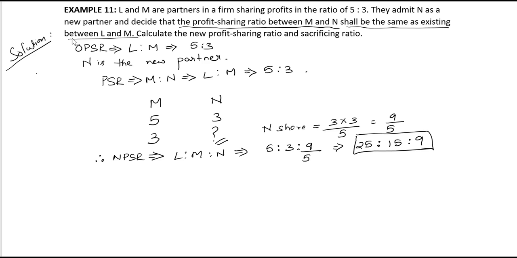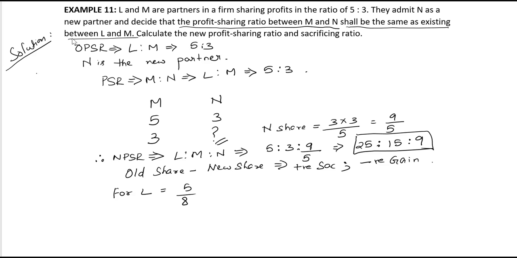We are also asked to calculate the sacrificing ratio. So let's do old share minus the new share. A positive figure will imply a sacrifice, whereas a negative figure will imply a gain. In the case of partner L, the old share is 5 divided by 8 minus the new share, it's 25 divided by 49.